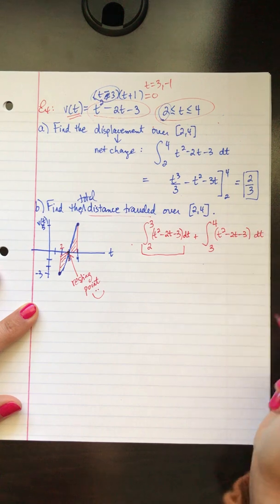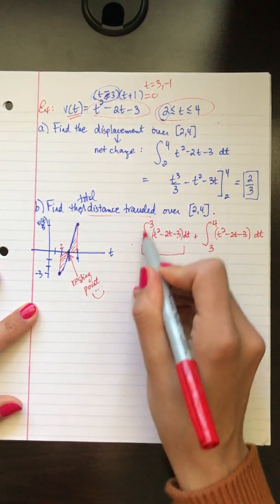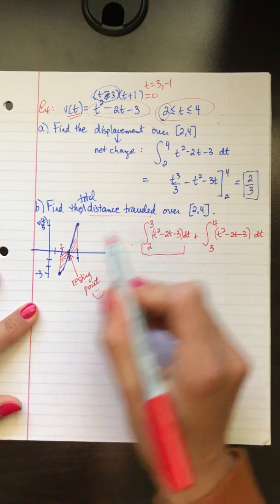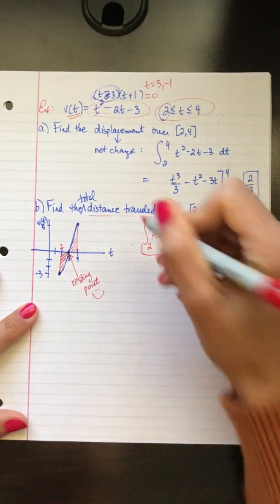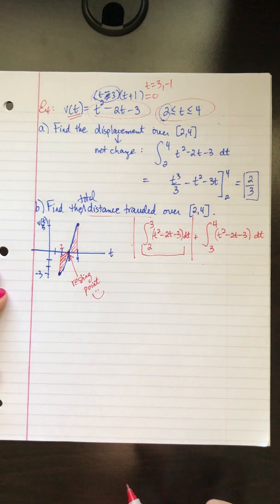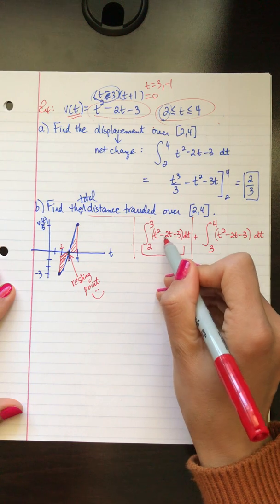This piece, I'm going to FTC this. I'm going to antiderive it, evaluate it from 2 to 3. I already know I'm going to get a negative answer. And when I get that negative answer, I'm going to absolute value it. So let's do this one. Antiderive t squared minus 2t minus 3.